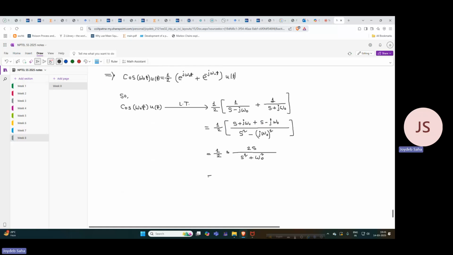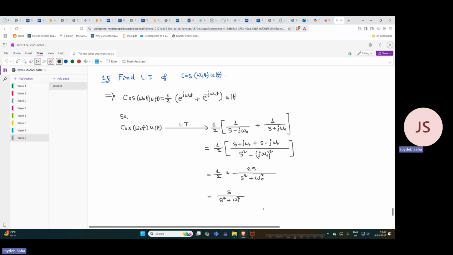And it is equal to s divided by s square plus omega 0 square, fine. So cos omega 0 t u(t), its Laplace transform is s divided by s square plus omega 0 square.